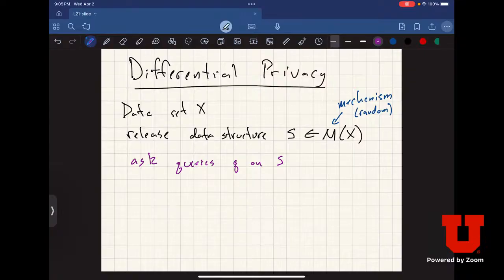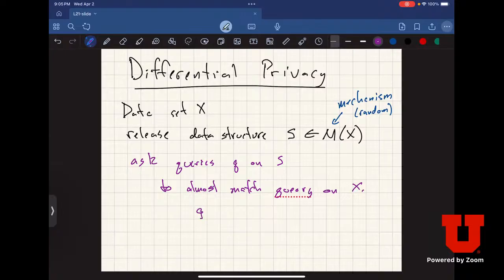So we'd like to ask queries on S, and we'd like these queries to approximately match the query on the data set X.